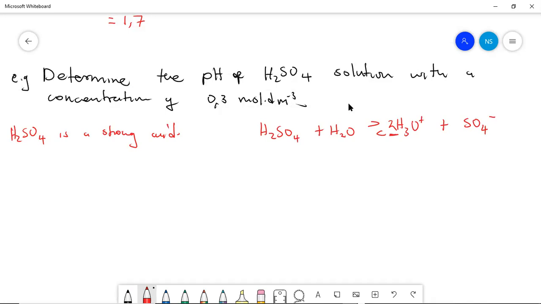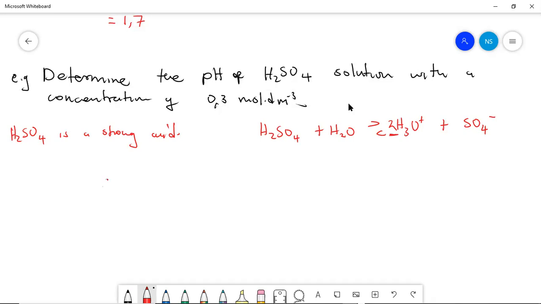So still, we can associate the concentration of sulfuric acid with the concentration of the hydronium ions, because sulfuric acid is a strong acid and it ionizes almost completely to give off hydronium. So that's why we conclude that the concentration of sulfuric acid is equal to the concentration of hydronium, right?